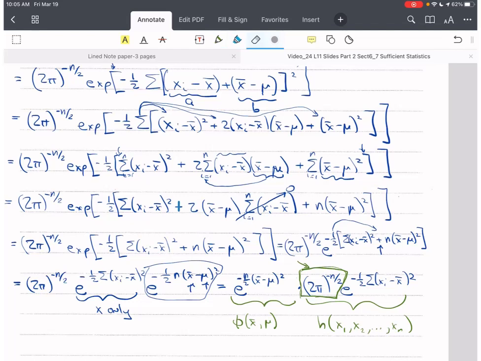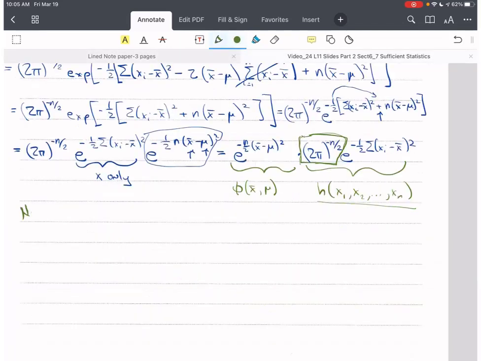So I put the constant most of the time, unless it makes something easier for some reason. I make it a part of h because sometimes the constant is entirely h. It's the only thing that's not a function of mu. So anyway, we may get to one of those.